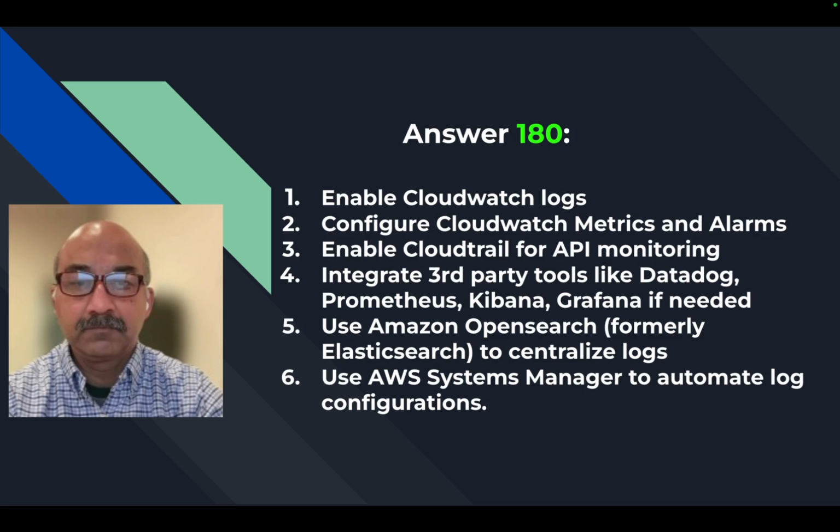First of all, you have to enable CloudWatch logs. These logs will come from the infrastructure that's already on AWS. Maybe those are EC2s, maybe they're load balancers, maybe whatever. All of those resources will emit logs, and you can get them all through CloudWatch. So that's number one. You also want to enable metrics collection through CloudWatch, so that those metrics can then be used for dashboarding and alerting.